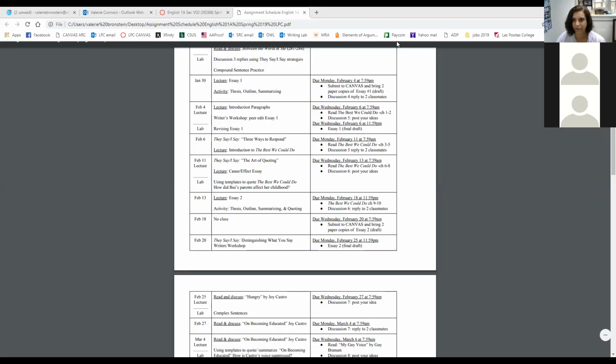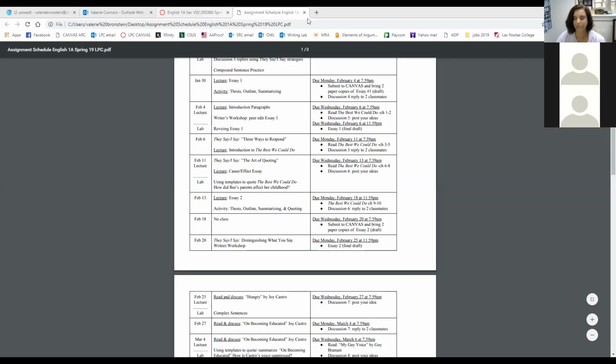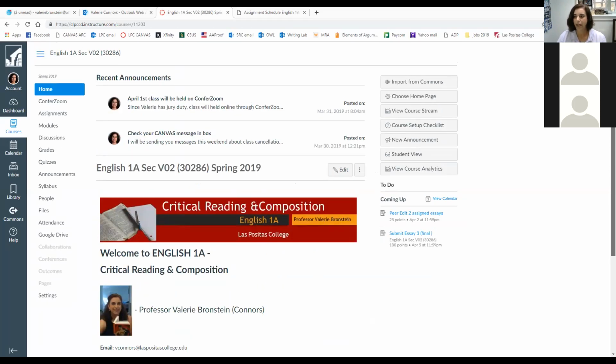Okay, so I'm going to go back to my Canvas page so we can take a look at that. Let's go back to Canvas. Okay, whoops, that's not where I want Canvas. There we go. I want to check one more thing on the peer edits. Let me just quickly check those.